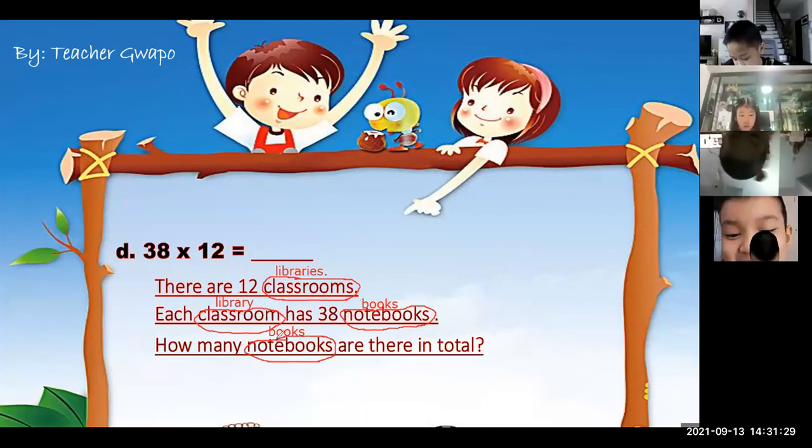Or you can say, let me erase this one. Let's say, for example, there are 12 coffee shops. Each coffee shop has 38 customers. So how many customers are there in total?